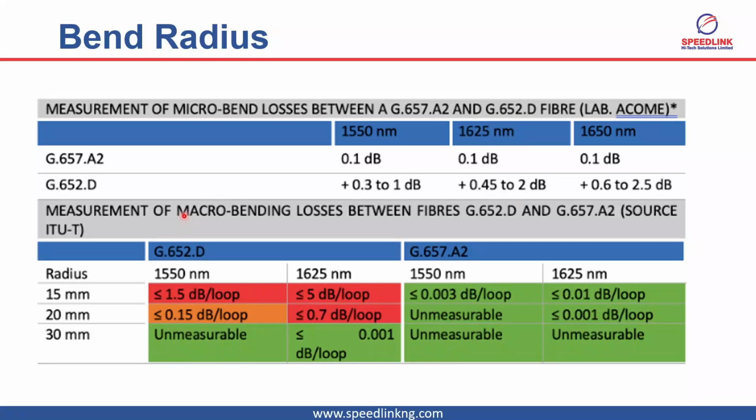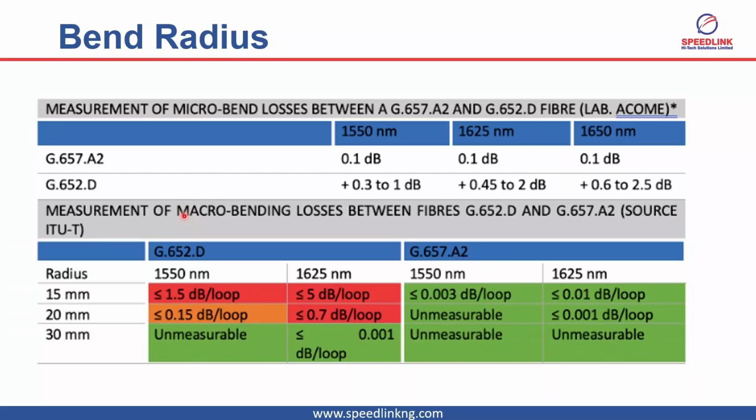So this side of the table talks about the radius. That's the radius of the what? The bend, which if you double it, you get the diameter, isn't it? So for the 652.D, if the radius is at 15 millimeters, what will be the diameter? 30 millimeters.